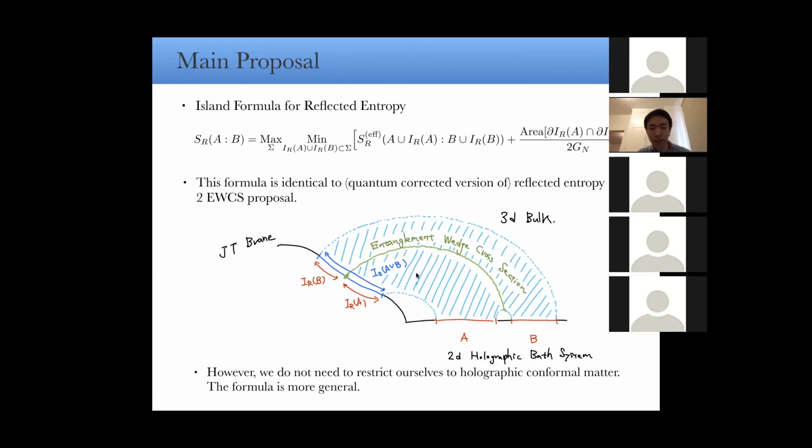Then the area of this dividing surface is actually equal to the RT surface for subregion A. So in other words, the inside of this bracket is equal to twice the entanglement entropy for A using the island formula. Is that clear?